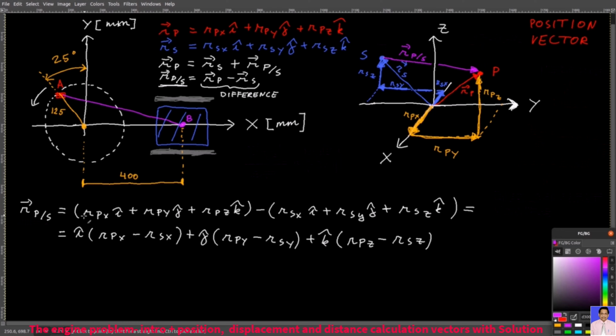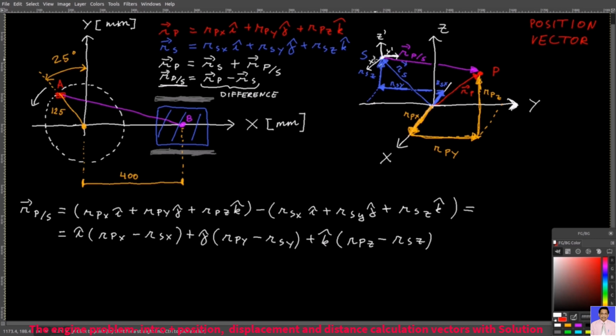But okay, let's go back to our displacement vector. By taking the difference of r p and r s, you have essentially created a new coordinate frame. The origin of this new coordinate frame is this S point. And here you also have three axes, x apostrophe, y apostrophe, and z apostrophe.